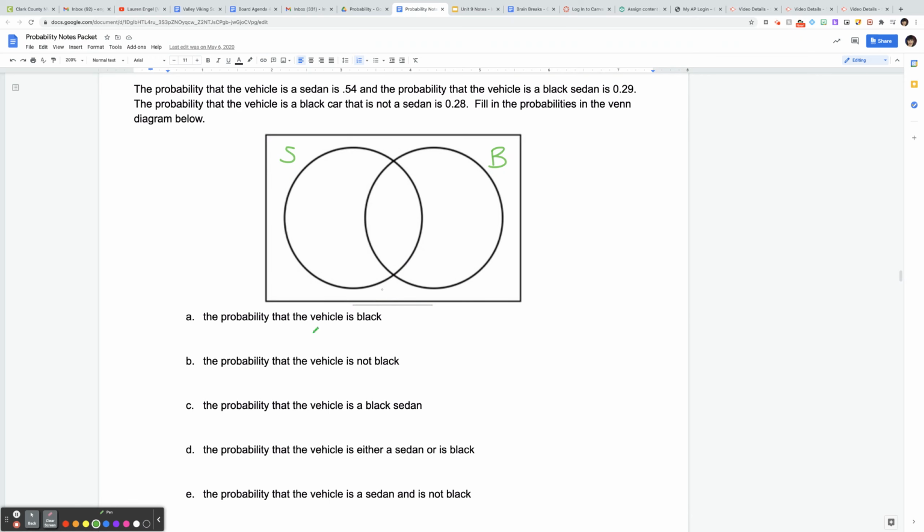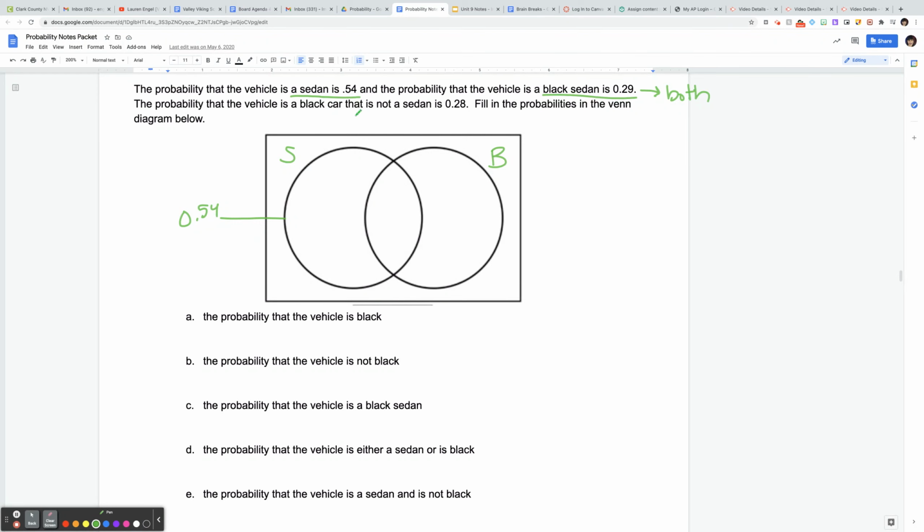They told us that the total probability for a sedan is 0.54. So this whole circle is 0.54. The probability of a black sedan, so that's both categories, is 0.29.